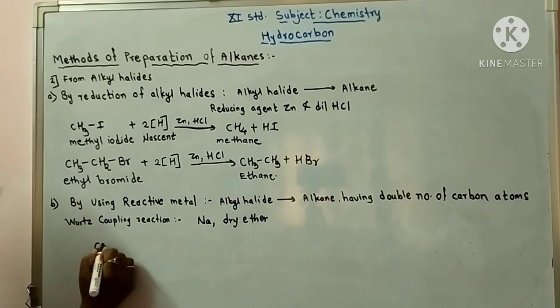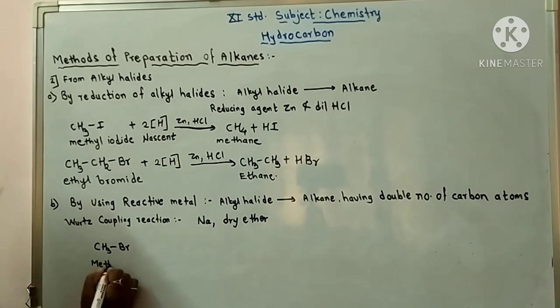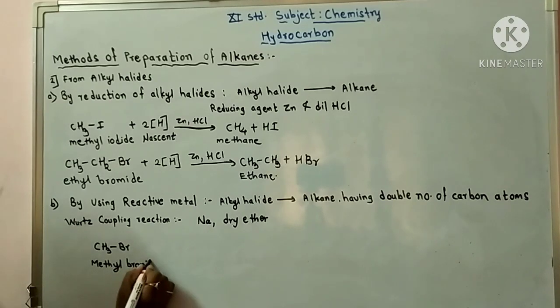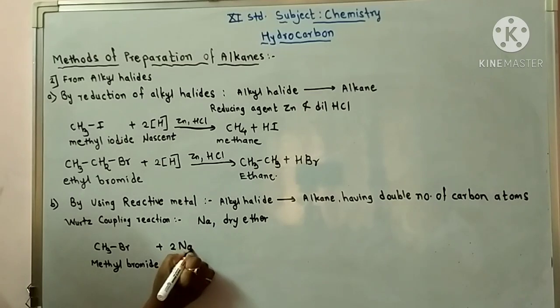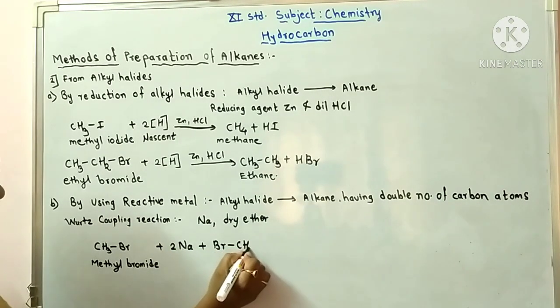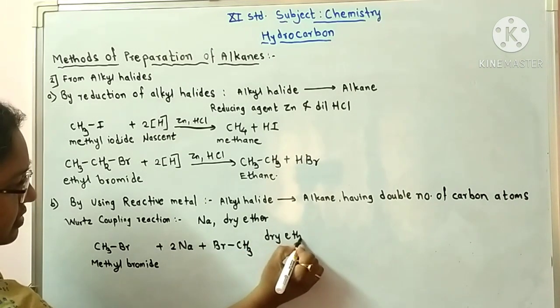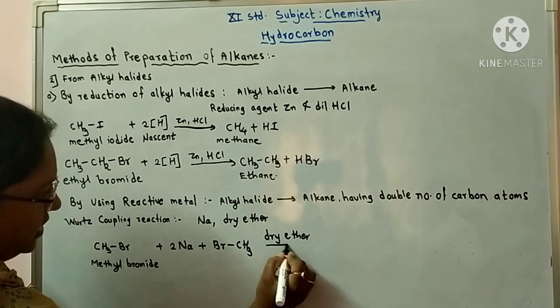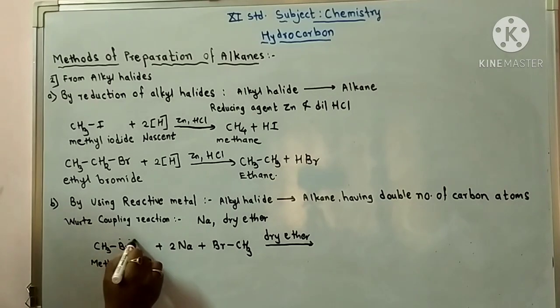For example, methyl bromide. Two molecules of alkyl halide react with sodium metal. Methyl bromide, when it reacts with sodium and a second molecule of methyl bromide in the presence of dry ether, gets converted to the alkane.